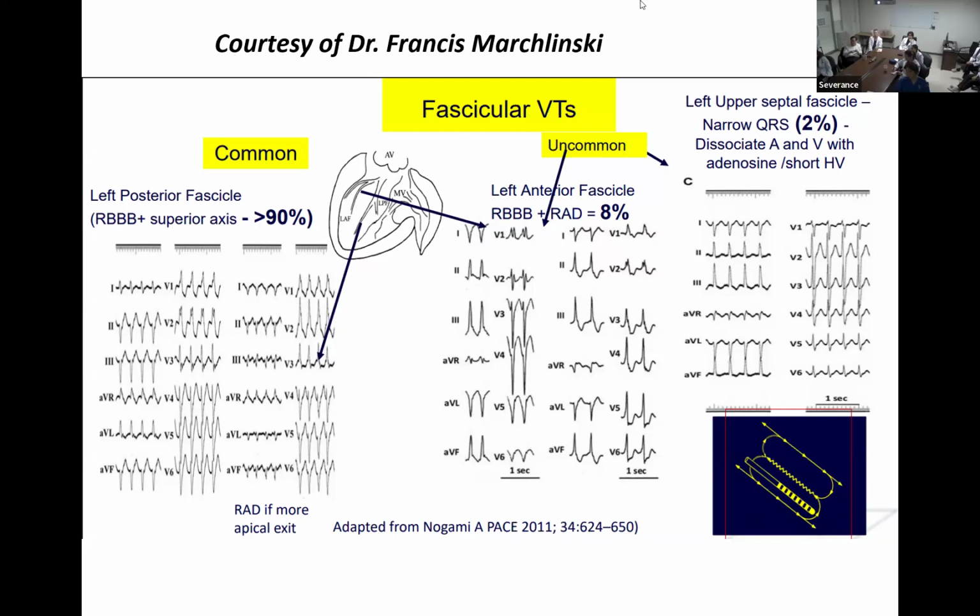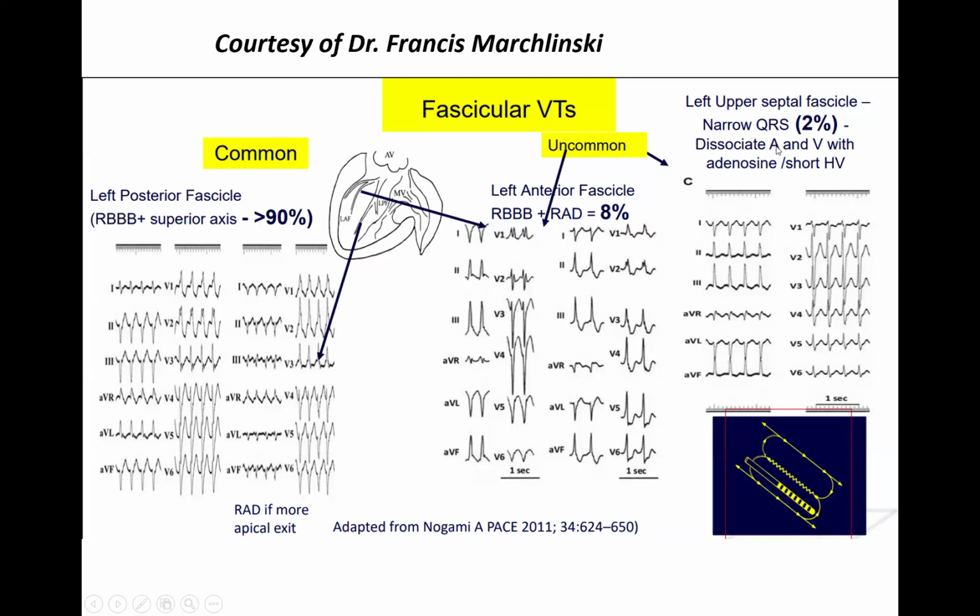As you see here, the most common form is the left posterior fascicle, more than 90%, with a right bundle branch block pattern and a superior axis. The other uncommon fascicular VTs are the left anterior fascicle, with a right bundle branch block and right axis deviation, at around 8%.